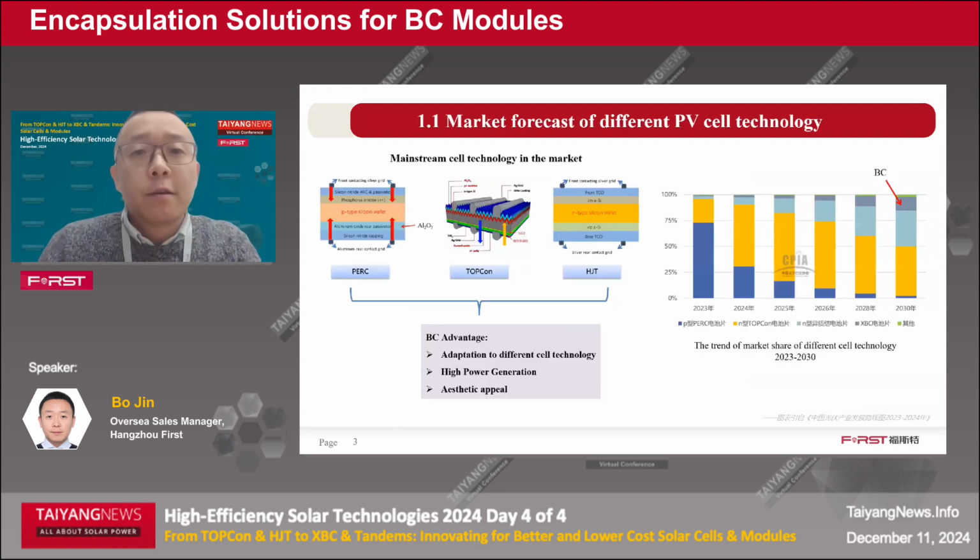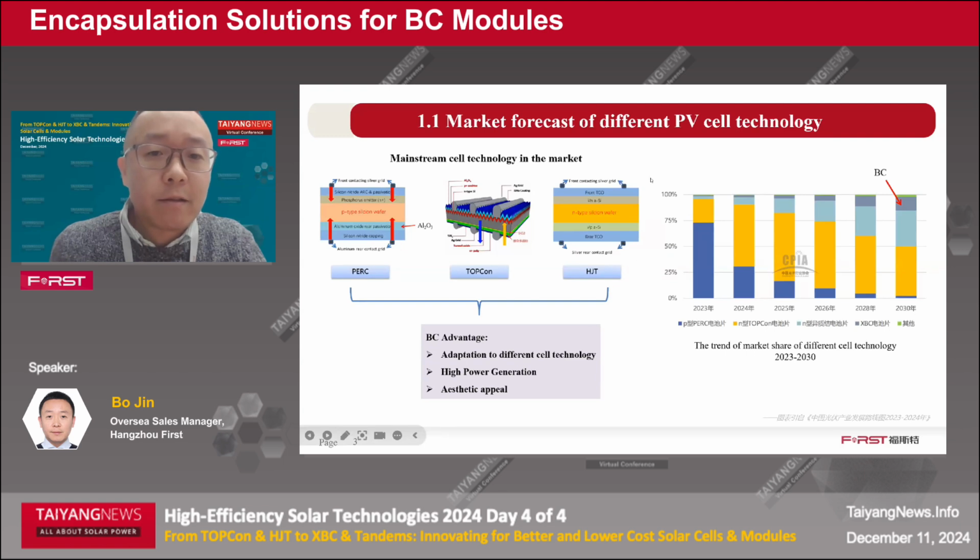So this is the status of the BC technology, or maybe in general, the cell market share. For example, currently I think PERC, TOPCon, heterojunction, these are still the dominating cells in the cell market.